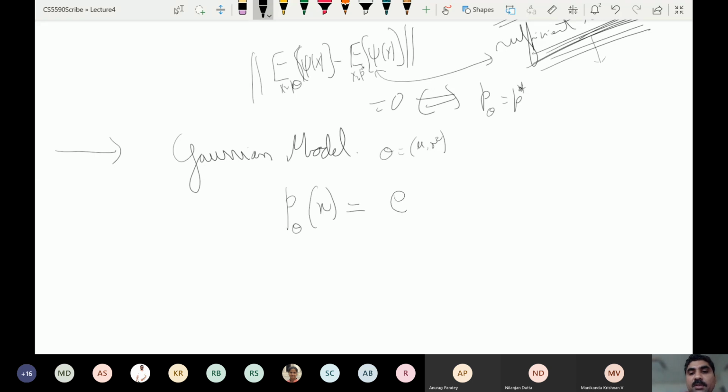It is e to the power of minus half, x minus mu square by 2 sigma square, divided by root 2 pi sigma square. This holds for all x belonging to R, where mu belongs to R and sigma square is strictly greater than 0.